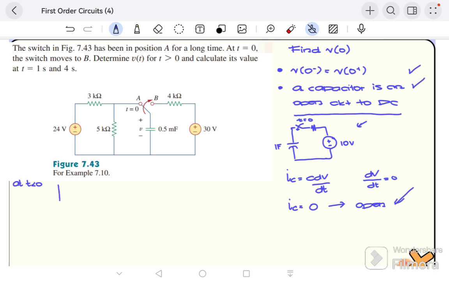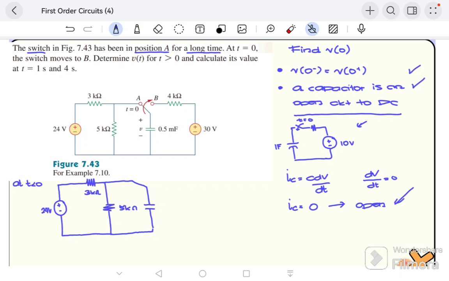At t less than 0, this circuit has 24 volts, then 3 kilo ohms, then 5 kilo ohms, and connected to it we have the capacitor. Assuming the switch has been in position A for a long time, the capacitor has reached its maximum value.